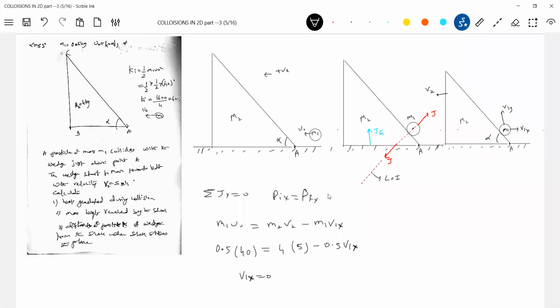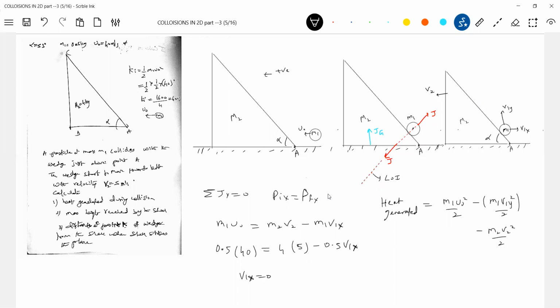It's asking for the heat generated during collision. How to calculate heat generated? The loss in kinetic energy. So heat generated should be equal to the initial kinetic energy, m1 u0 squared by 2, minus m1 v1 squared by 2, minus m2 v2 squared by 2. The x component has become 0 from the data given.